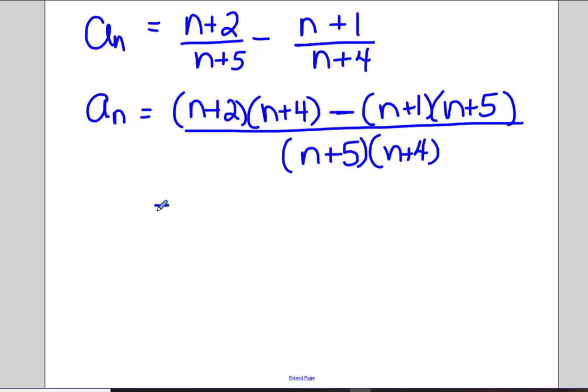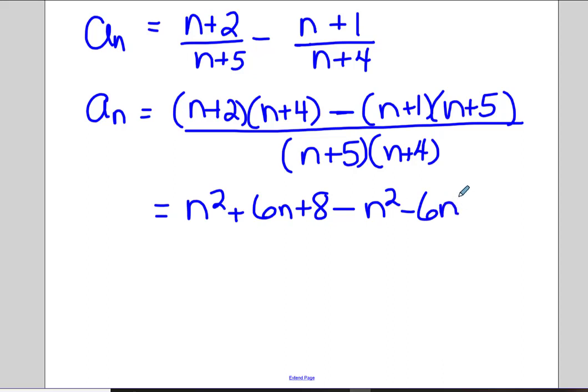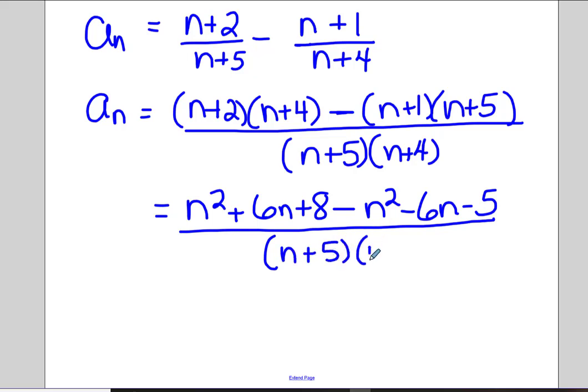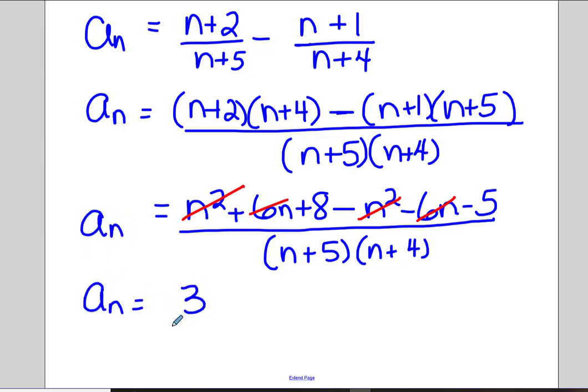So using distributive property, we got n squared plus 6n plus 8 minus n squared minus 6n minus 5 over that common denominator. And then collecting like terms, it looks like our a sub n term is going to be 3 over the quantity n plus 5 times n plus 4.